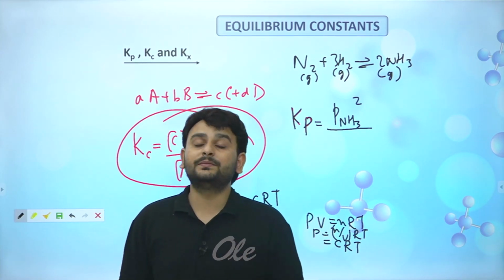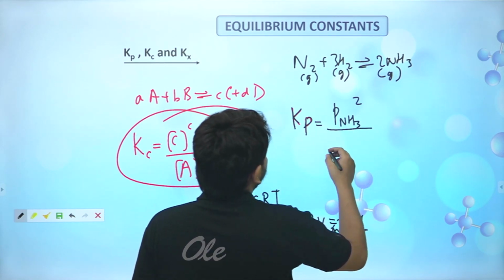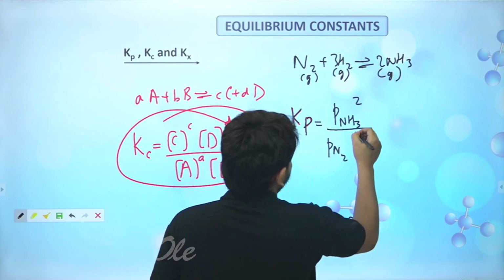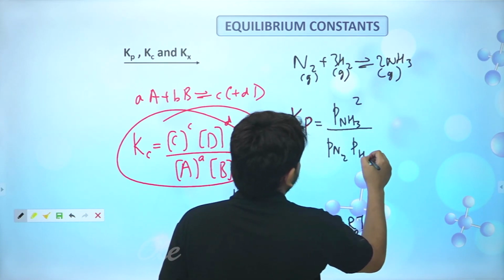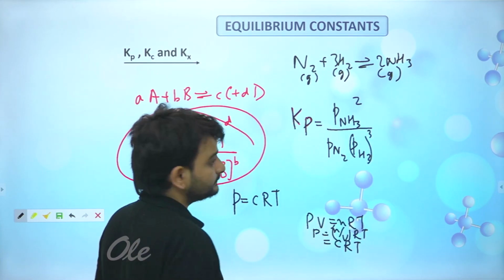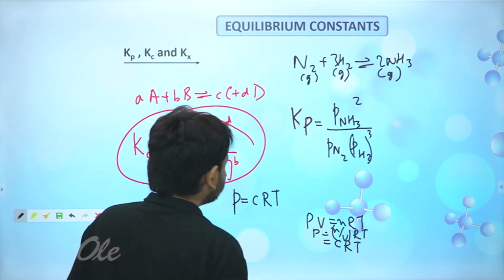So P of NH3 whole squared over the partial pressure of N2 raised to the power 1, partial pressure of H2 raised to the power 3. This is how Kp will be defined.